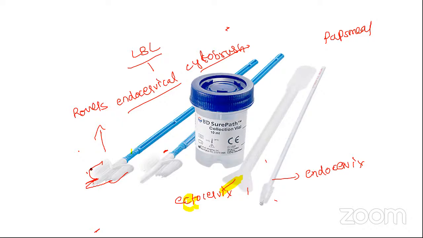With this cytobrush, you take the smear, you don't put it on any slide, you break this and then directly put it in the specimen. Here the specimen is methanol. You send it to the lab and then this specimen should be centrifuged.